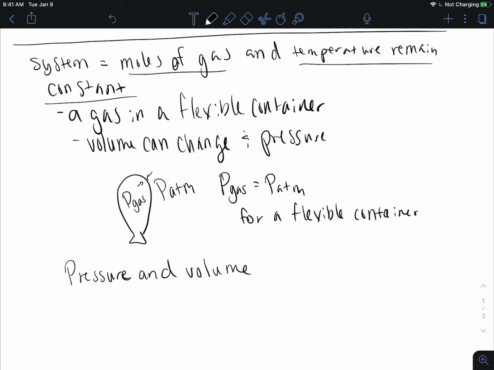So let's think about what happens. If we have a gas where we increase the pressure on that gas, it's going to cause that volume to decrease. So an increase in pressure will result in a decrease in volume.